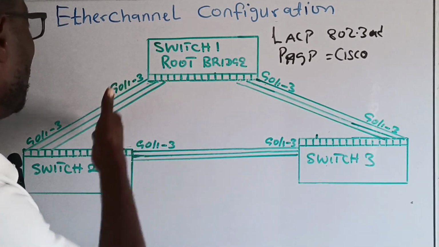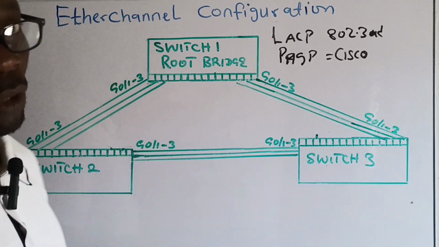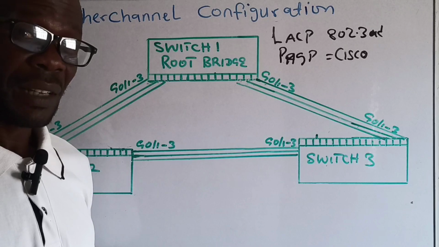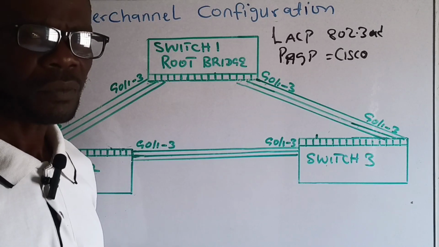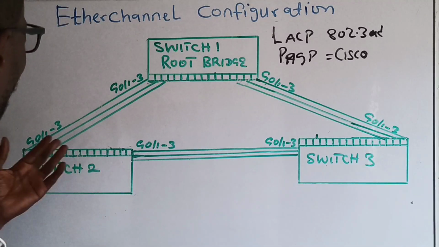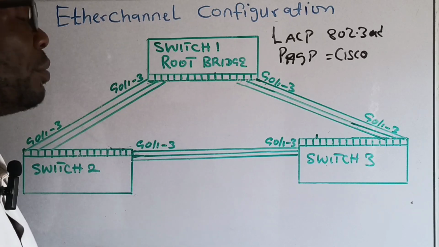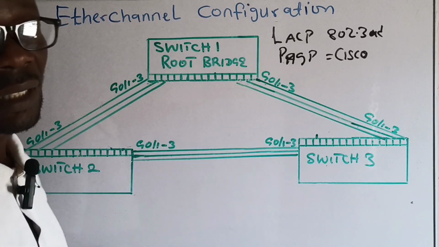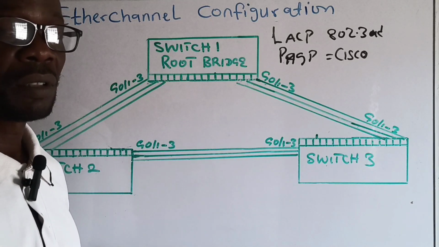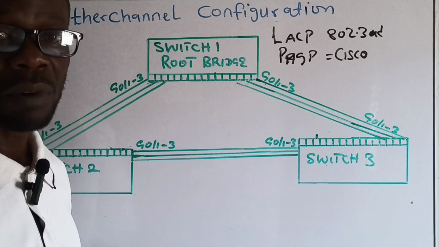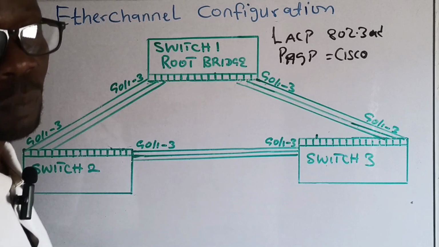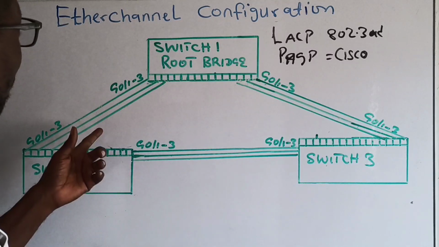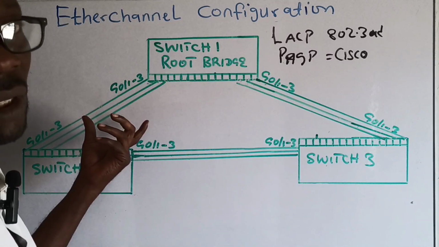You can see the links. I'm going to bundle three physical interfaces on each switch. These interfaces are gigabit Ethernet interfaces, which means each port runs at a speed of 1 gigabit per second. Now I'm going to bundle the three on each.